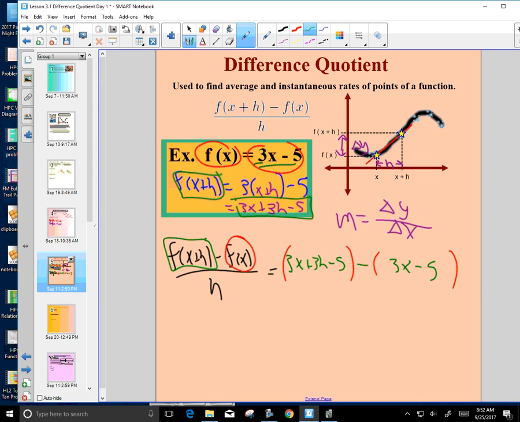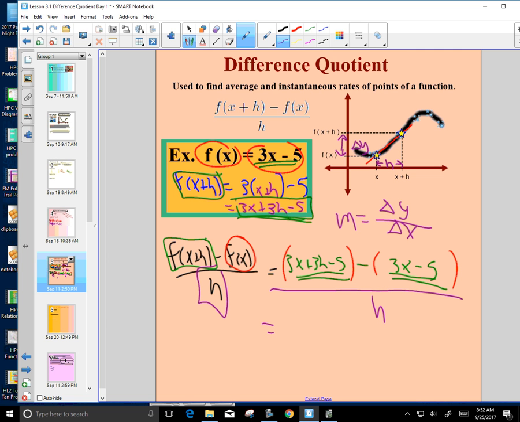So do you see how I replaced f of x and I replaced f of x plus h? Is that part all right? And then it tells me to do one more thing, and that is to divide by h. Like that. Now we got to do a little algebra.